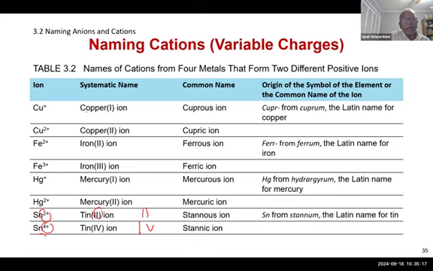Copper is copper 1 plus, 2 plus. That's a highly charged ion, called the ic ion, cupric ion, cuprous ion. Iron, this is the lower charge here, and the highly charged 3 plus is the ic ion. Mercury, the mercury 2 plus ion is ic, the mercury 1 plus ion is mercurous.